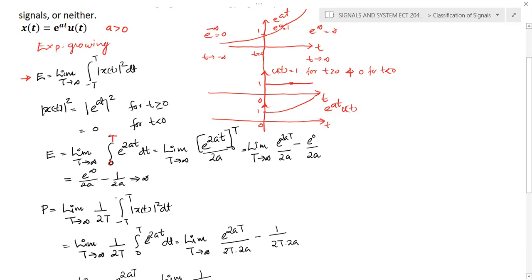After integration, you will get a term e raised to 2at by 2a minus e raised to 0 by 2a. And if you apply the limit, here it is t. Okay, if you apply t is equal to infinity, it becomes e raised to infinity, which is equal to infinity, so the overall result becomes infinity. So we got energy is equal to infinite.